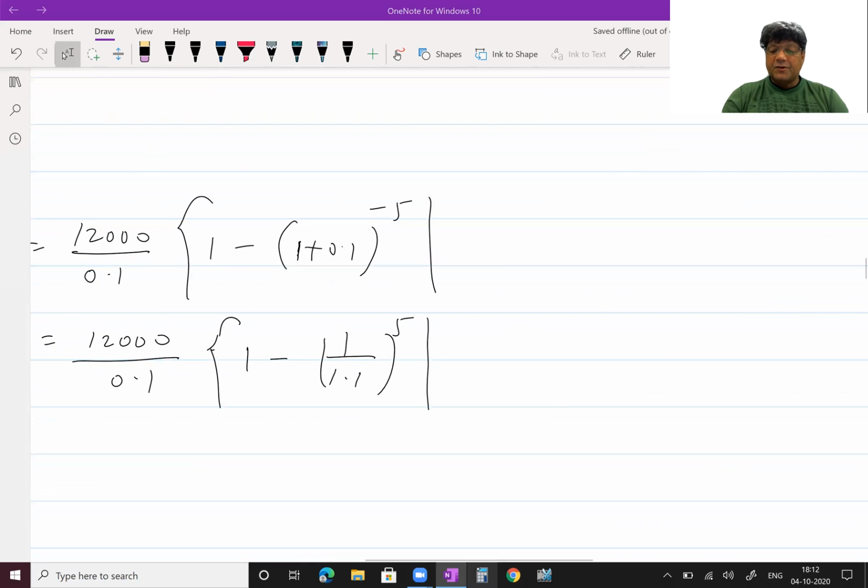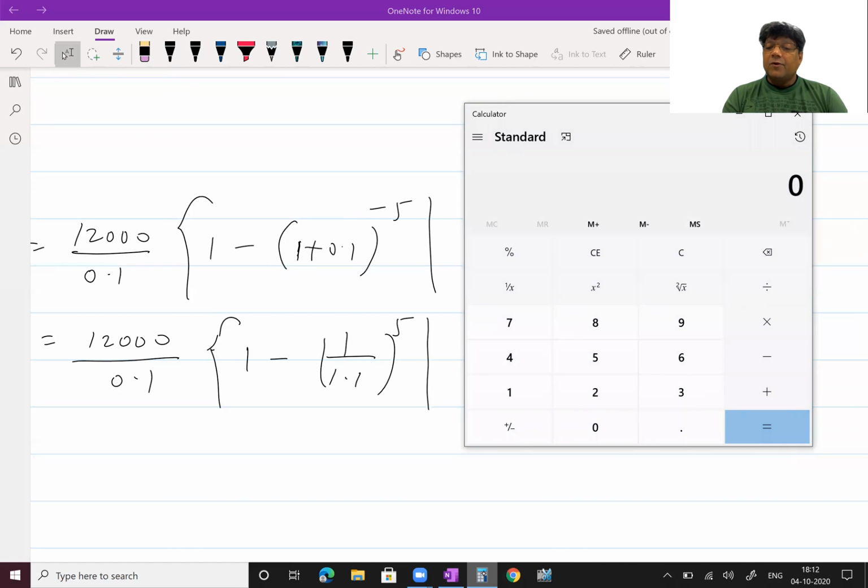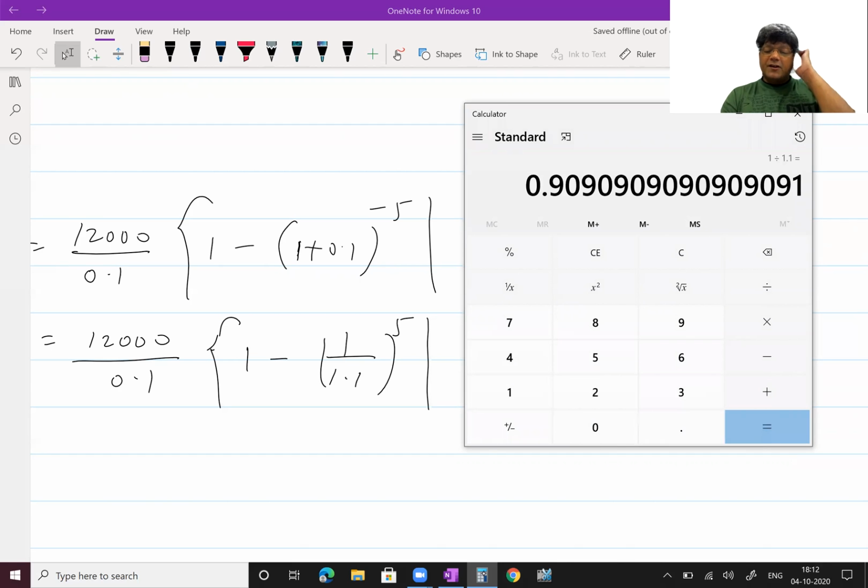So using calculator, 1 divided by 1.1 is equal to, its power 5. So into equal to 2, 3, 4, 5. We got the power 5.